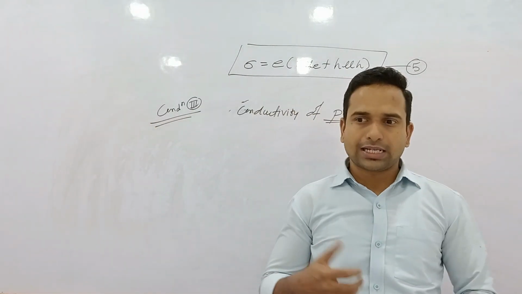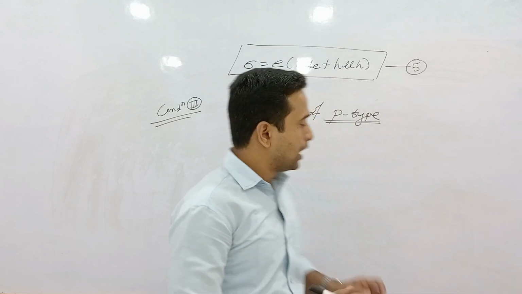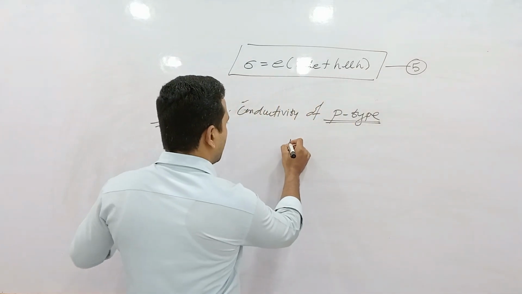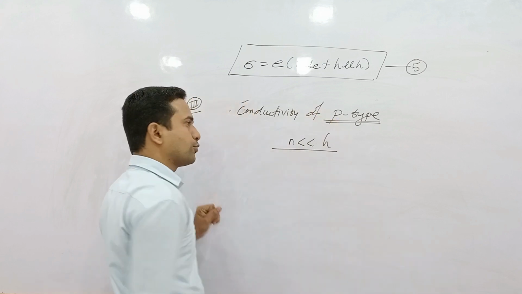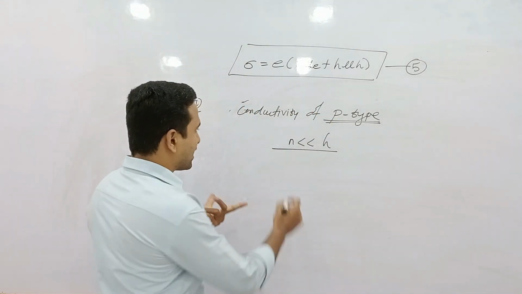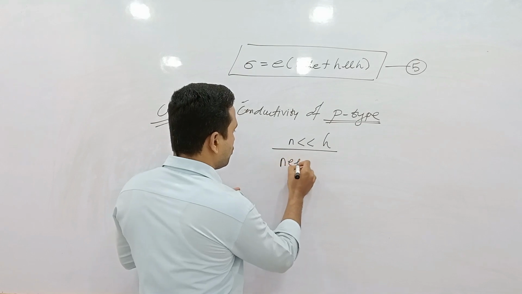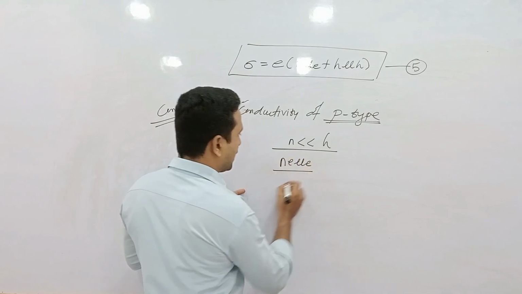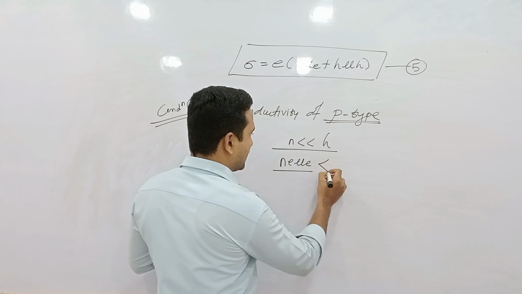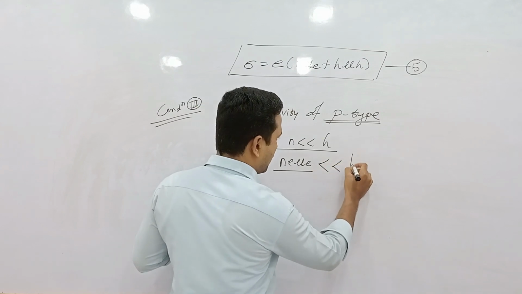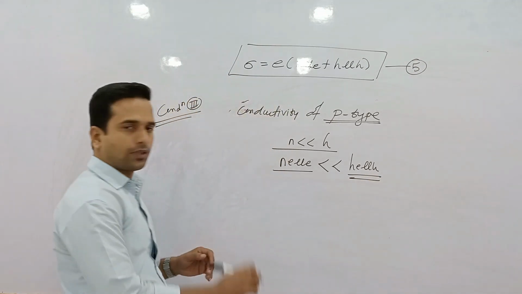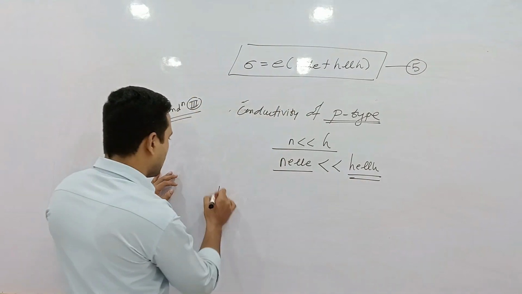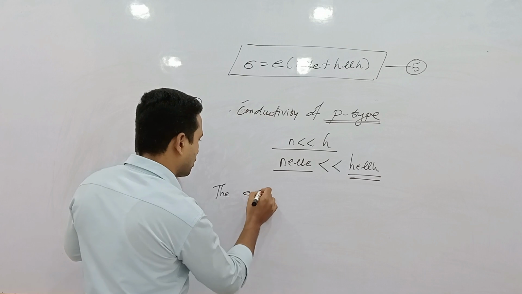We know that in the case of a p-type semiconductor, the number of electrons is less than the number of holes. ये condition satisfied हो जाएगी, right? Means we can write n e mu e, conductivity due to electrons, is less than h e mu h, conductivity due to the holes.